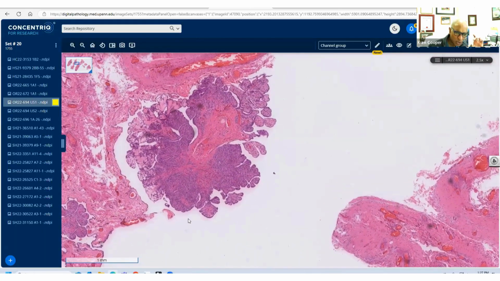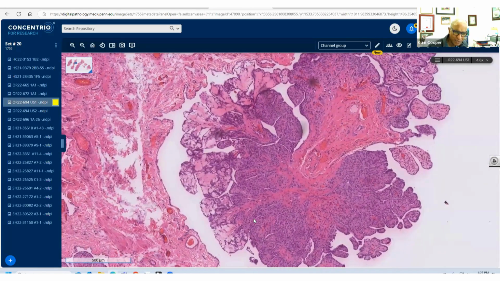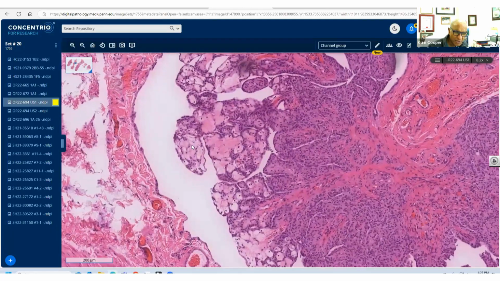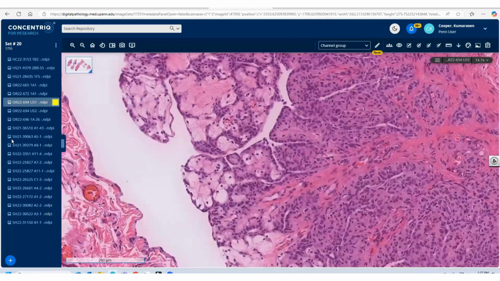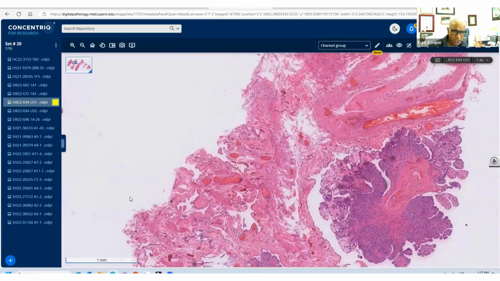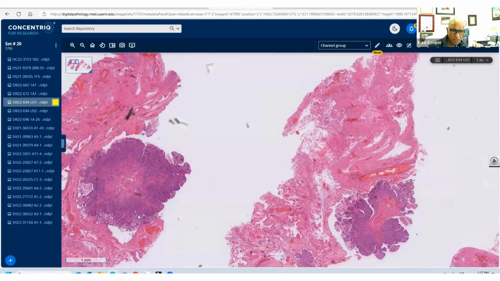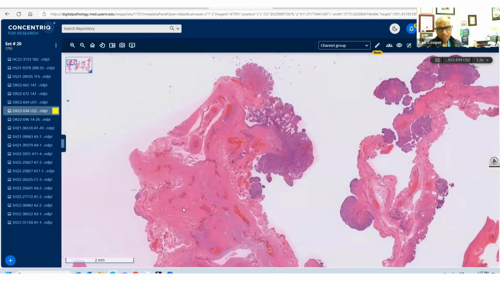The well-differentiated one is usually a well-circumscribed mass. This is sort of multifocal. Is multifocality reported in those tumors? No, they're not. For those particular tumors, no, they're not. So the well-differentiated papillary mesothelial tumor is by definition a single mass, well circumscribed.